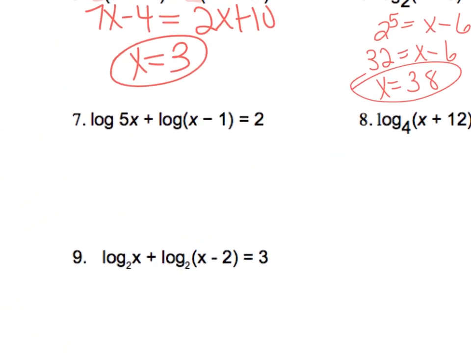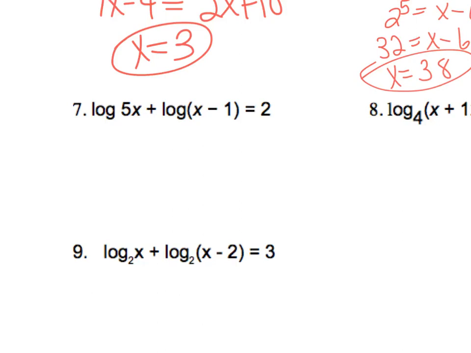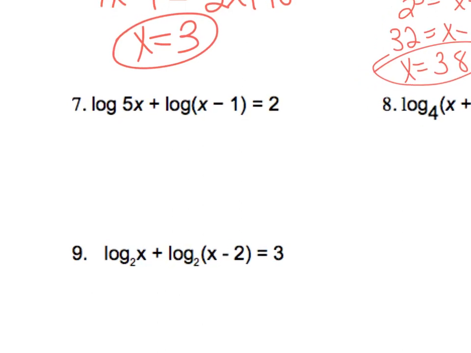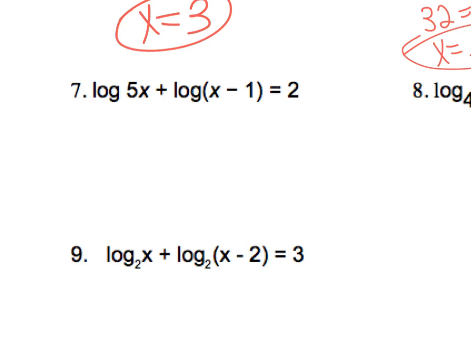Okay, so now we're getting into some questions again that were a little bit harder. Again, I know when I have to condense them because I have 2 logs on the same side that are being added or subtracted. So if I look, I have log of 5x plus log of x minus 1.